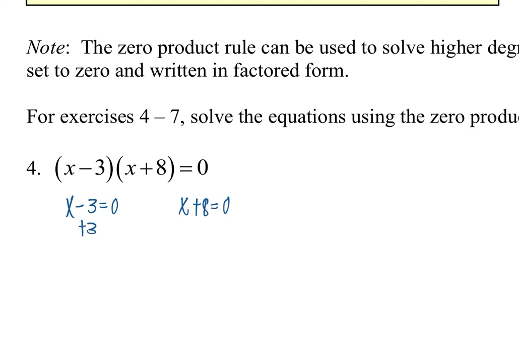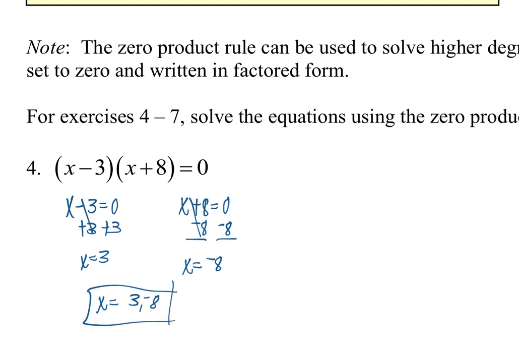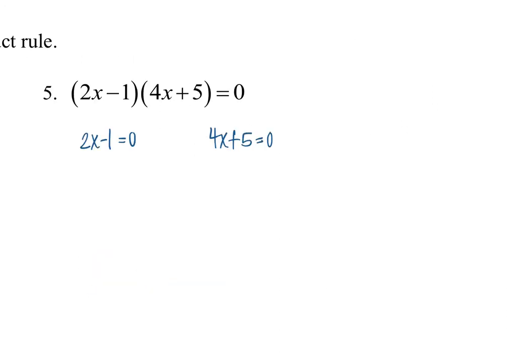Add 3 to both sides right here to get that x equals 3. And subtract 8 from both sides right there to get that x equals negative 8. So x equals 3 and negative 8. On number 5, I can separate both of those factors, set them both equal to 0, and just solve for the variable in each one.